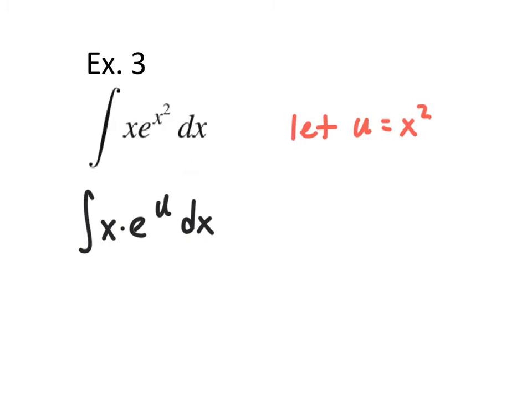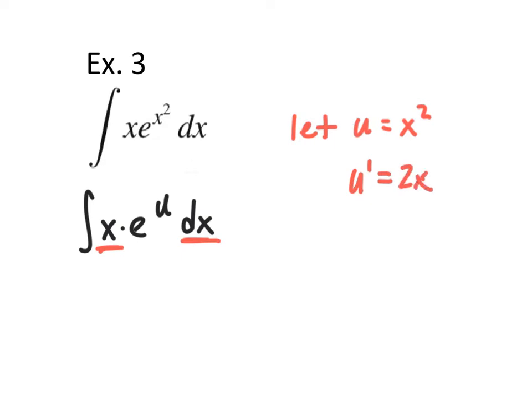Now, what I want to get rid of in this example is x and dx. So I want to go over here and take the derivative of my inside function u. If I find u prime, that's going to give me 2x. I don't want to write it like that.